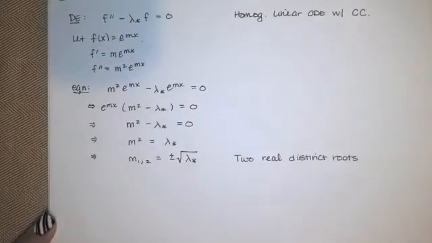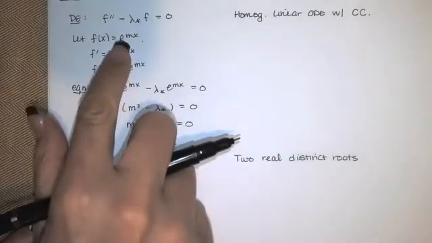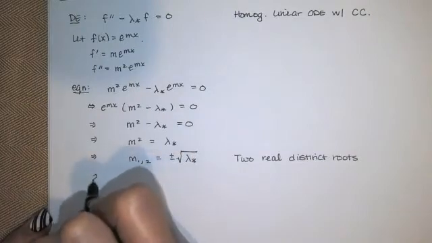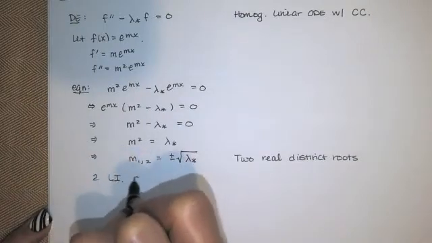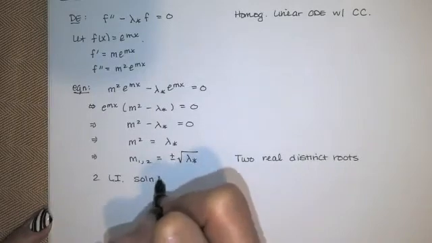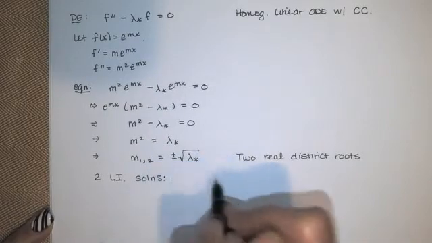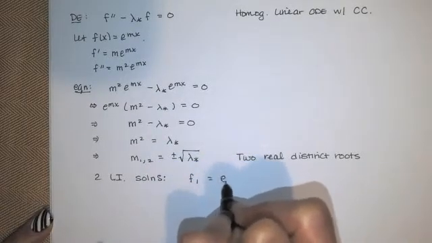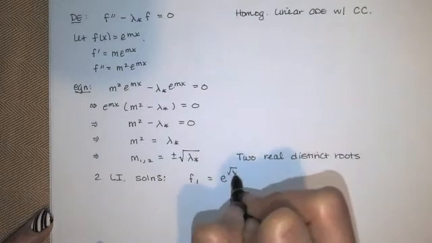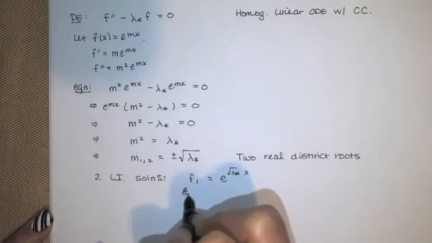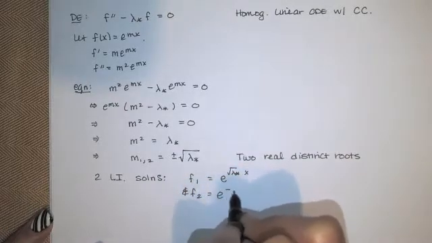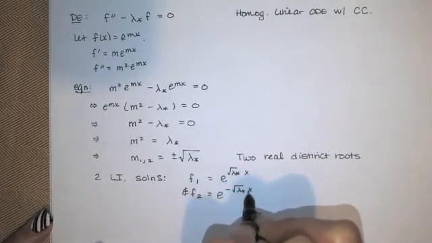Now we do get two linearly independent solutions that look like this. I'm just abbreviating solutions. F1 equals e to the m1 times x, and F2 equals e to the m2 times x.